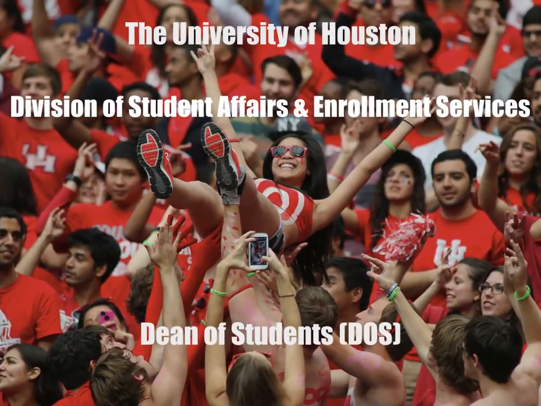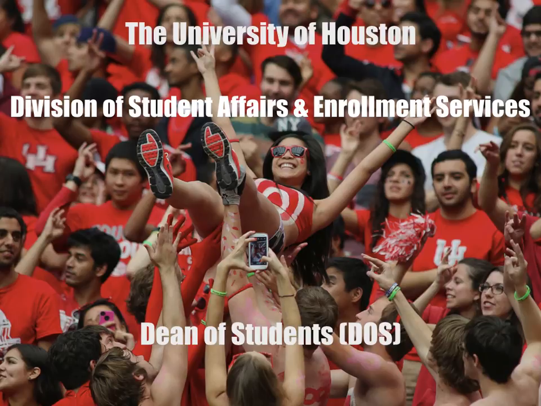So, some background information. The University of Houston is located in Houston's historic Third Ward district. It's a very urban environment within the metropolitan city of Houston. We enroll over 42,000 students in nearly 150 different disciplines. Within the University of Houston, there is the Division of Student Affairs and Enrollment Services.